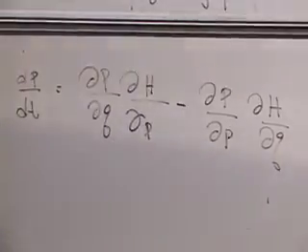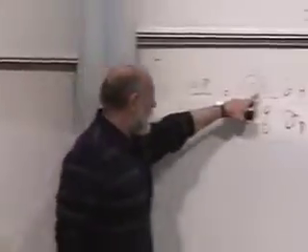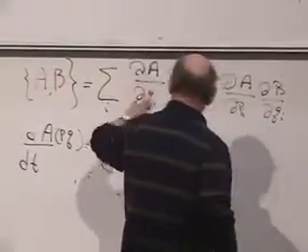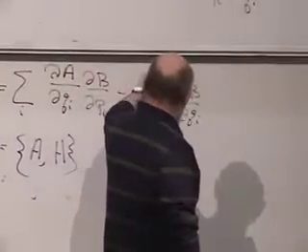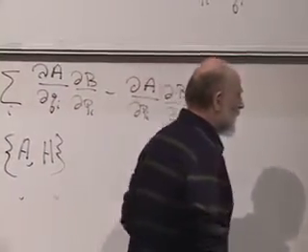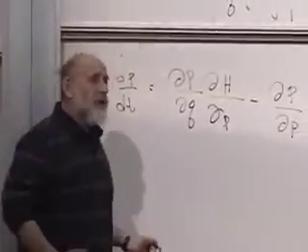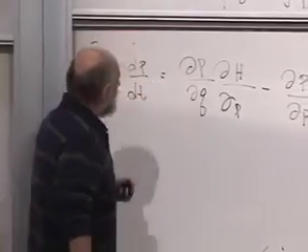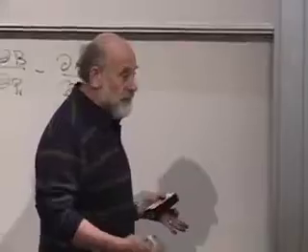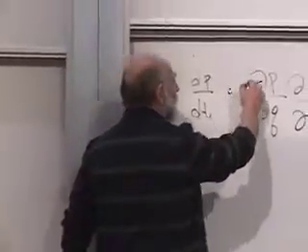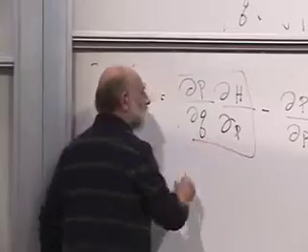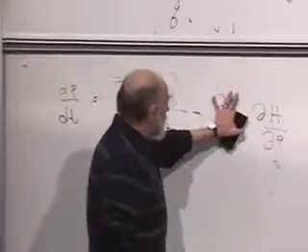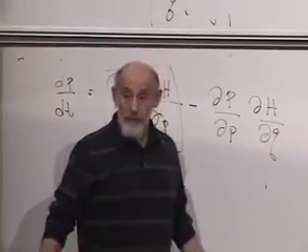I have just substituted in P for A. Now, dP by dQ is 0. P and Q are independent variables, and the derivative of one independent variable with respect to another is just plain 0. So this is 0. What about dP by dP? That's just 1, and so we find dP by dt is just minus dH by dQ, one of Hamilton's equations.